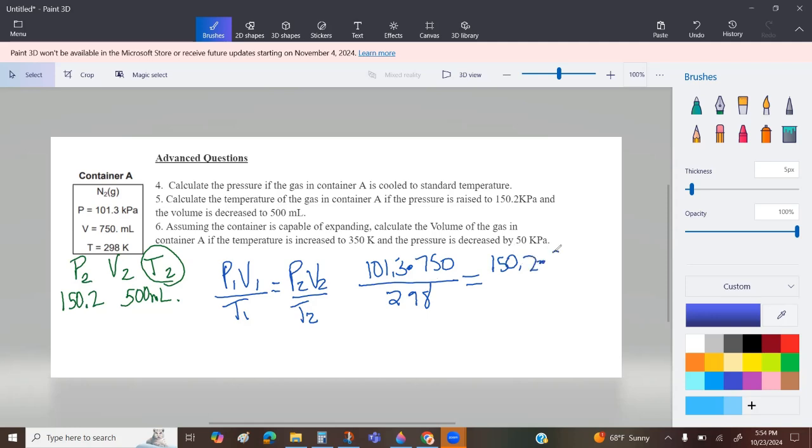My second volume, 500. And last but not least, I'm going to solve for T2. Okay, I'm going to go ahead and go this way first, cross multiply. So I'm going to do 101.3 times 750.